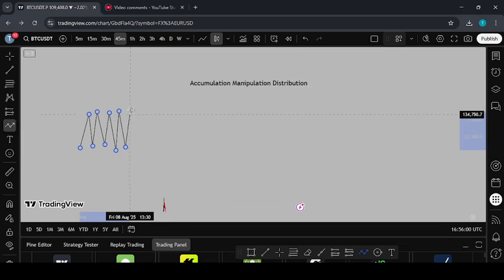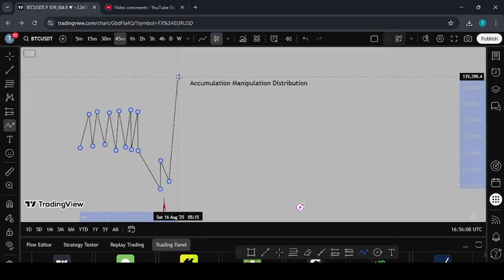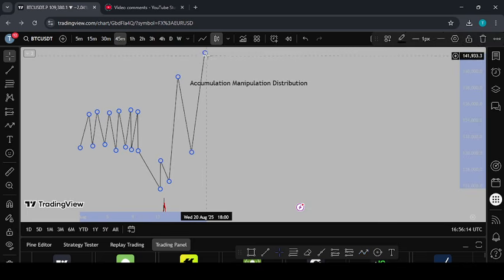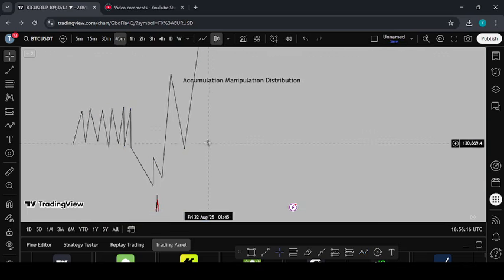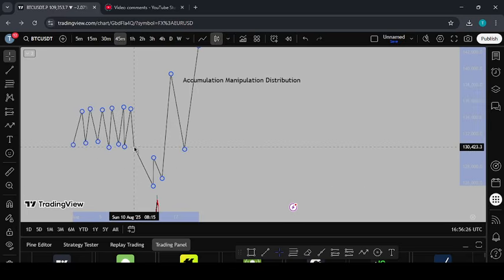Where you have the market accumulating, then all of a sudden you see a manipulation move, then the market makes a pullback and distributes. So this move is the accumulation: the market was accumulating, then decided to sell. Why do we call it manipulation?